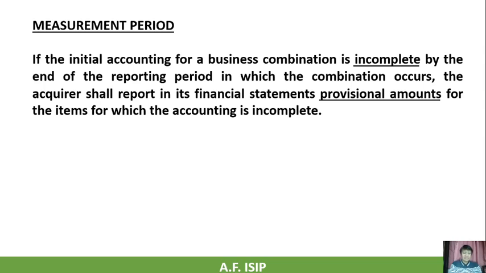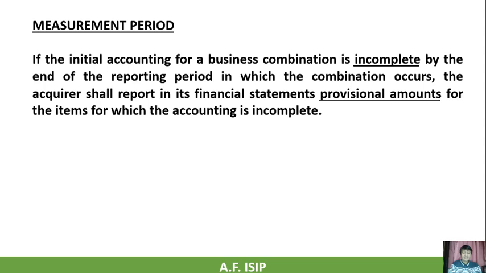nowadays it is normal to acquire a company with incomplete records. The accounting department is not in order. They cannot produce the needed data in relation to business combination. But you have to prepare financial statements at the end of the year because the regulators want financial statements.